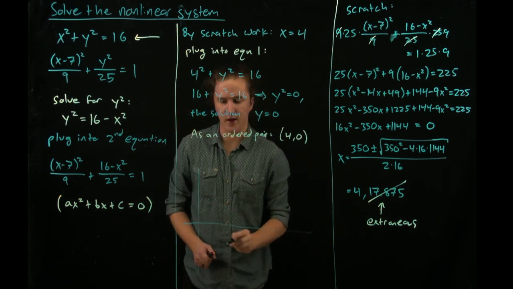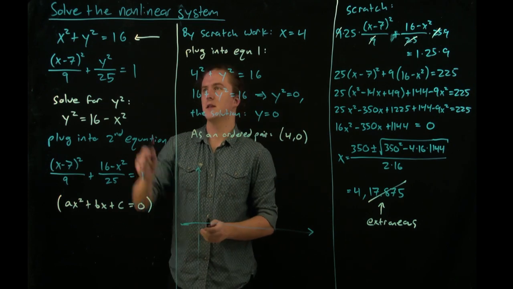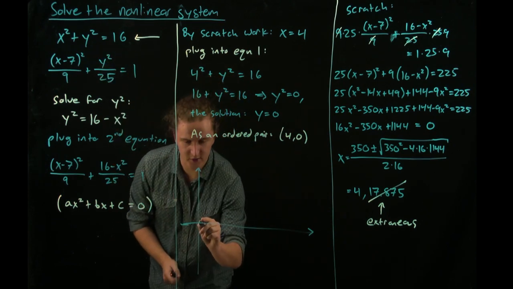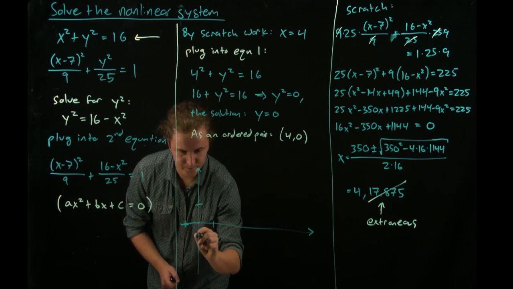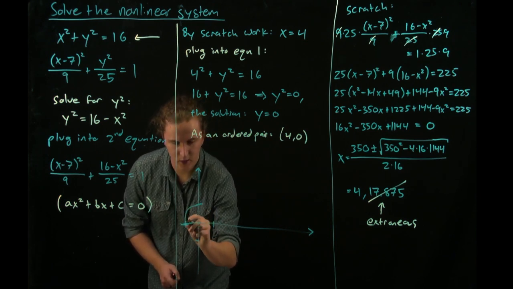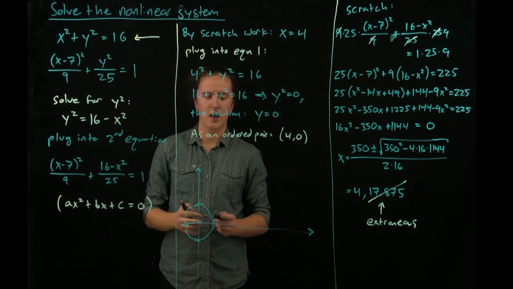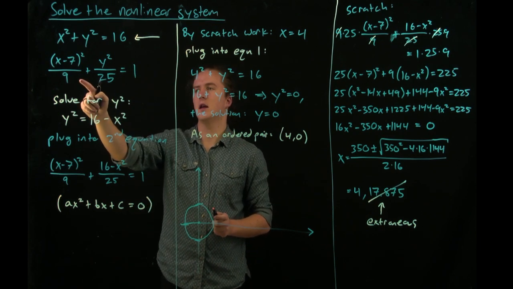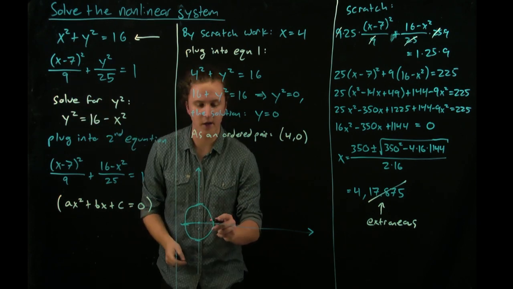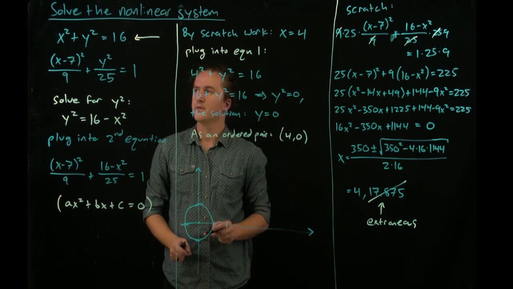On the xy plane here, we know that this circle is centered at (0, 0) and has radius 4. So if we make a crude sketch here, this comes from this top equation. And again, we'll talk more about how to graph these in chapter 10. But we know that the center of this ellipse is at the point (7, 0).